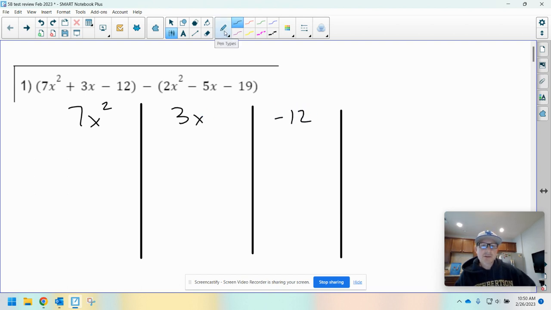Now, because we are doing subtraction, there is a different rule. So think of subtraction as same, keep everything in the first parentheses the same. We're going to change the subtraction to addition, and then we're going to change all the signs, which means we're going to change the signs of each and every number in the second parentheses, and we're going to line them up.